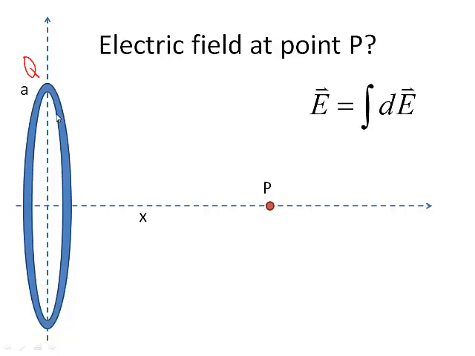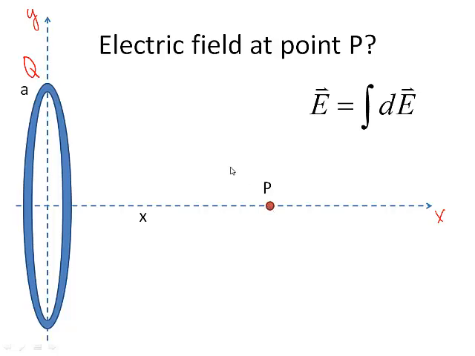So it's a perfectly circular ring that sits in the YZ plane. If we said that this is the x-axis and this is the y-axis and the z-axis is coming out of your screen. So this is a perfectly circular ring, and we're trying to find the electric field at point P.